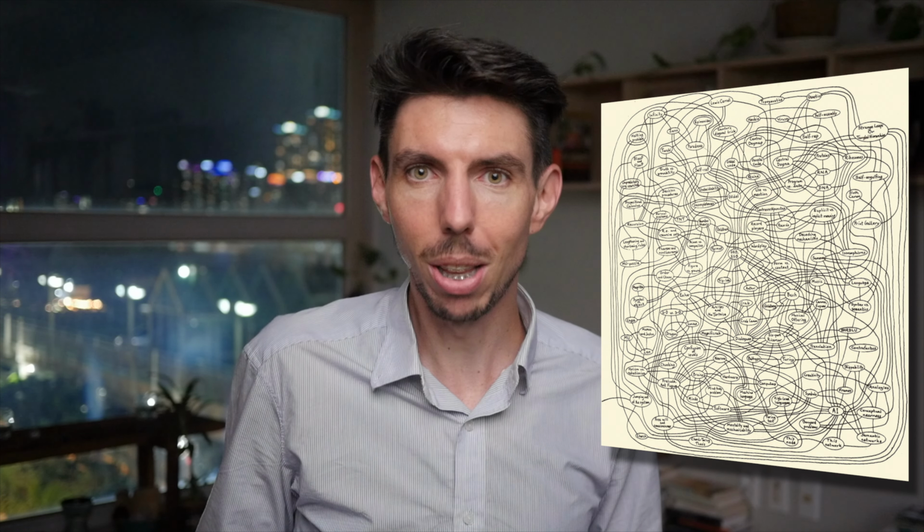So one of my favorite science books of all time is Gödel, Escher, and Bach by Douglas Hofstadter. And at one point, there's a great diagram. He's talking about networks, and he represents the semantic network that is in his head. Basically, the web of connections between all the different ideas and concepts and memories in his mind. It looks like a plate of spaghetti.